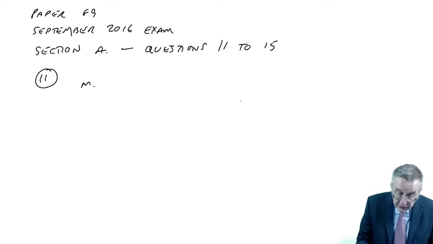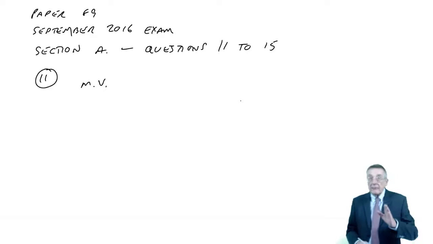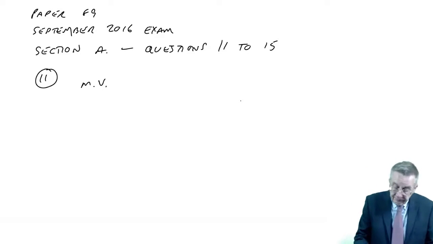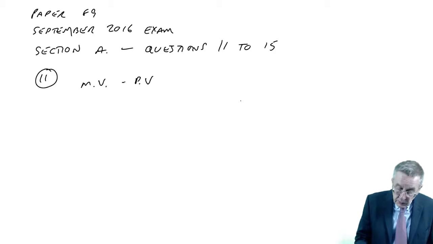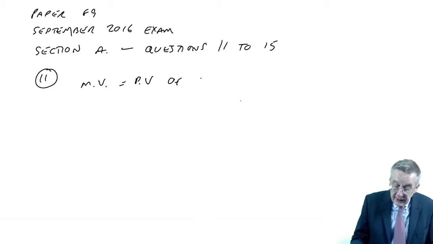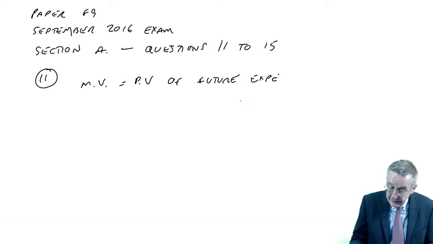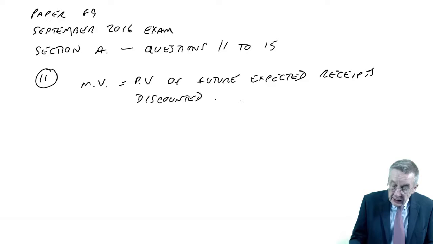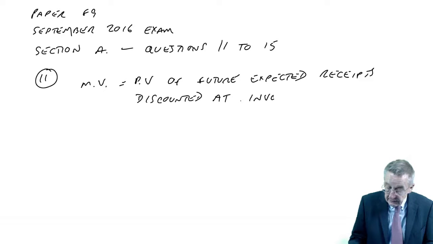Now, you should be more than happy that the market value of debt, loan notes, bonds, whatever, is the present value of the future expected receipts discounted at the investor's required rate of return.